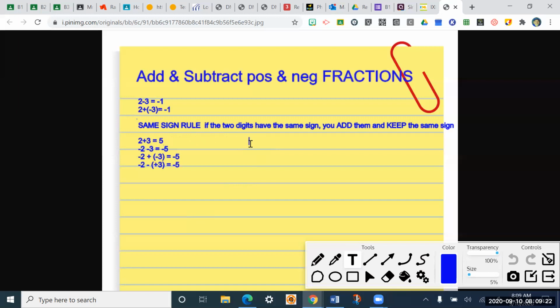Okay, so if I have negative 2 minus 3, and that doesn't make sense to you because to you it looks like that's a positive 3, so it's not same sign rule.